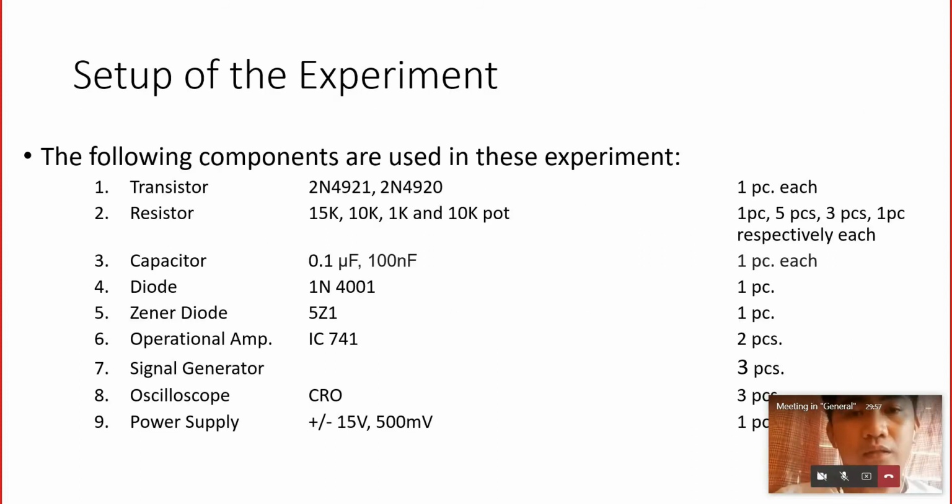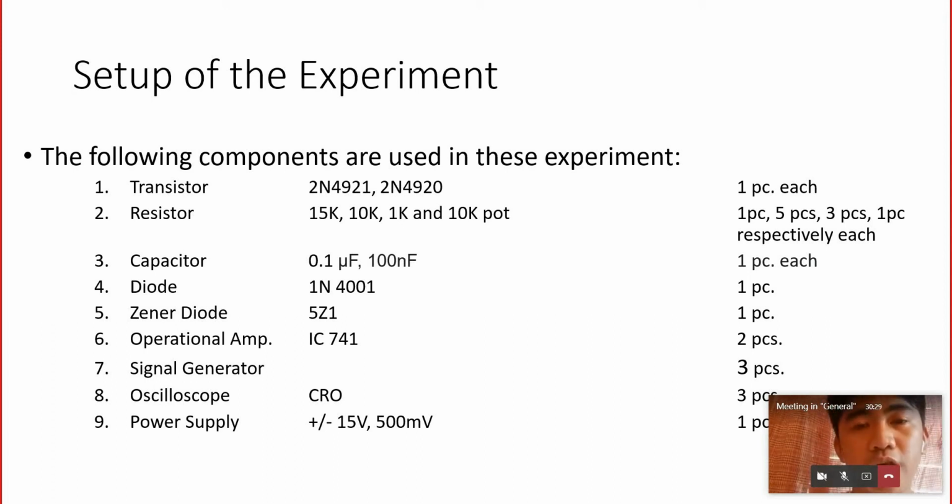Then next is the setup of the experiment. The following components are used in this experiment. Transistor 2N4921 and 2N4920, 1 piece each. Then resistor 15K, 10K, 1K, and 10K, 10K pot, 1 piece, 5 pieces, 3 pieces, 1 piece respectively.